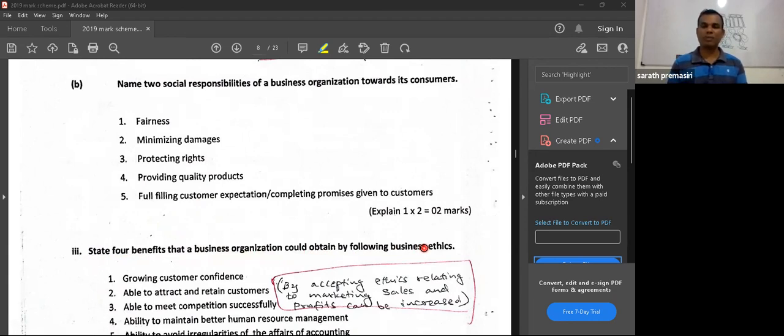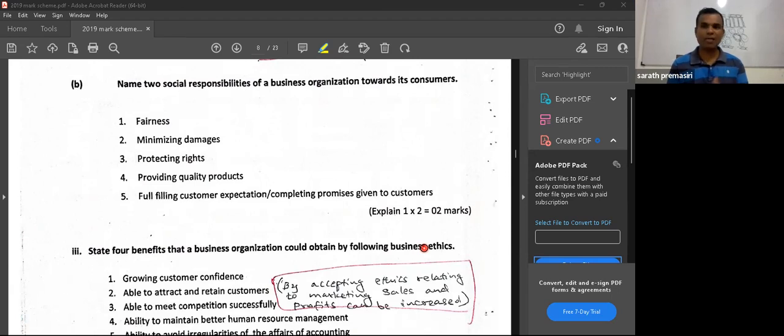Can you remember? We know that business ethics means doing business activities, identifying what is good and what is bad. Very simply, business ethics means doing business activities by understanding what is good and what is bad. Understand?